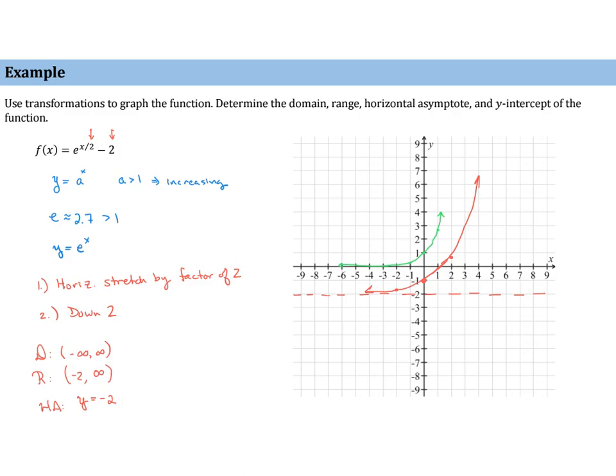And then what about our y-intercept? It's clearly on the graph to be -1. Now, if it were not so easy to see, we would just put in 0 for x. So f of 0 would be e to the 0 minus 2. So e to the 0 is 1, so we'd have 1 minus 2, which is -1.